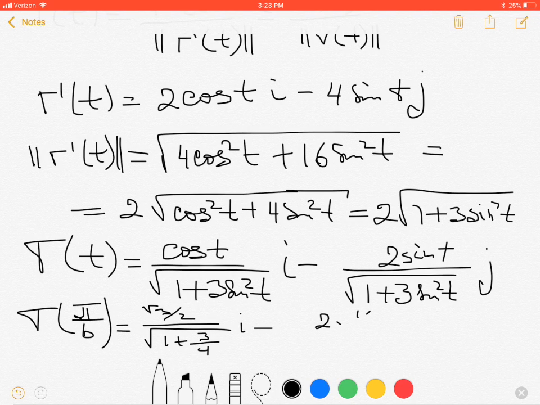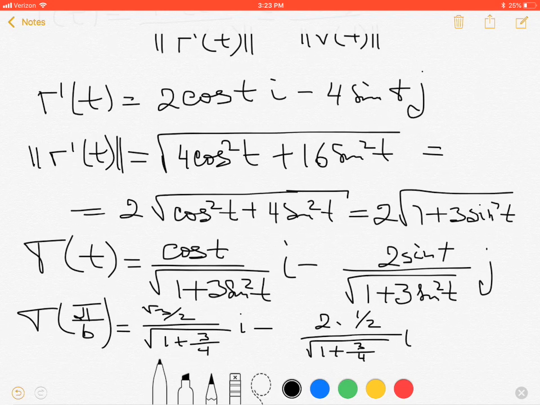Minus 2 times 1/2, divided by 1 plus 3/4. Here's j. Here will be square root of 3 over square root of 7 i.